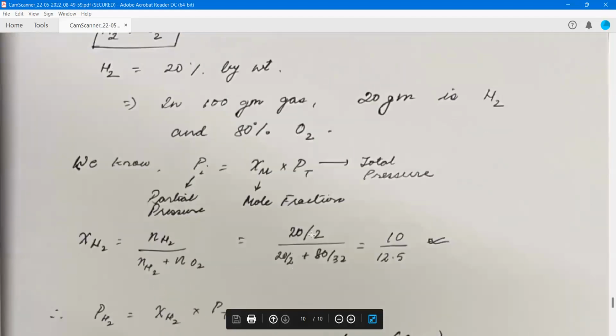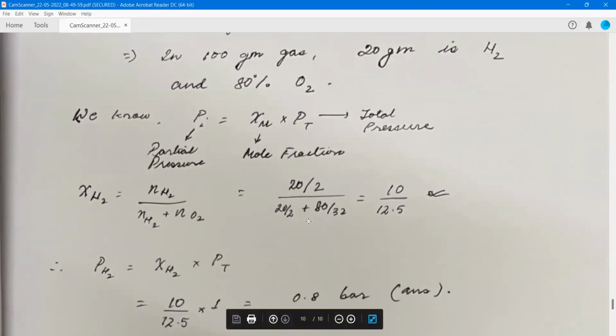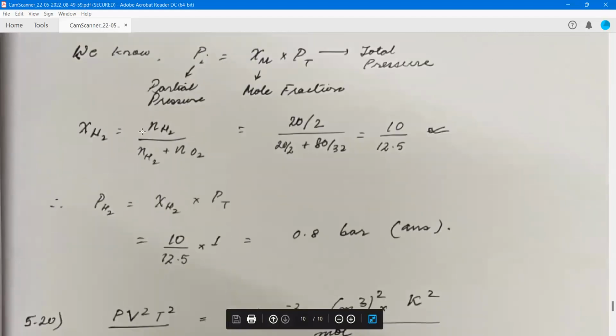So 20 upon 2, which is the molecular mass of hydrogen, upon 20 upon 2 plus 80 upon 32, which is the oxygen. So you get the value as 10 upon 12.5. This is the mole fraction of hydrogen. If you substitute this value in the equation of partial pressure of hydrogen, you can easily get the answer as 0.8 bar.